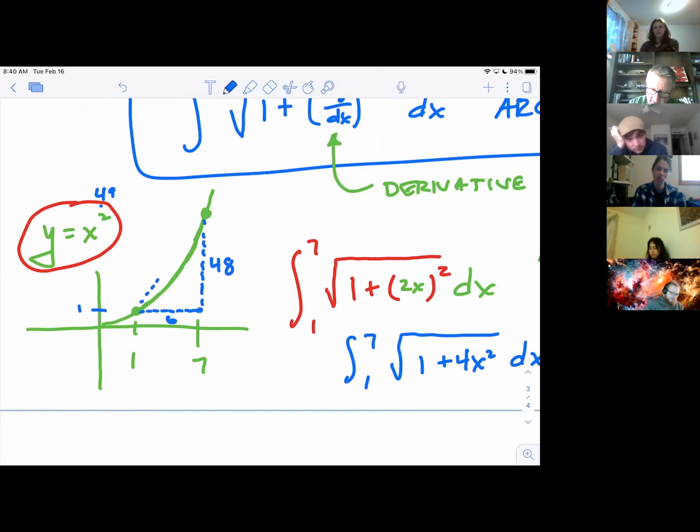So if I did the Pythagorean theorem with 6 and 48, the square root of 6 squared plus 48 squared, I get 48.37. You shouldn't be surprised that's barely bigger than 48, because 48 is a huge number and 6 is so tiny relative to it. So what does that tell you about the length of the green curve?